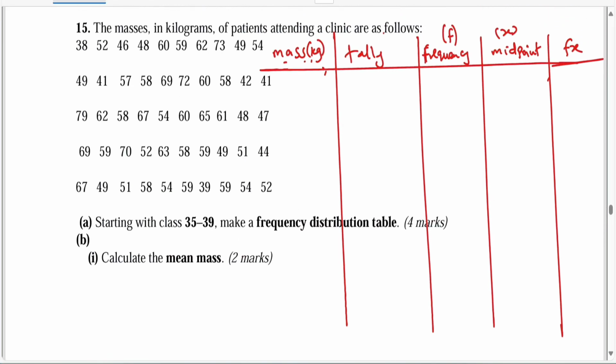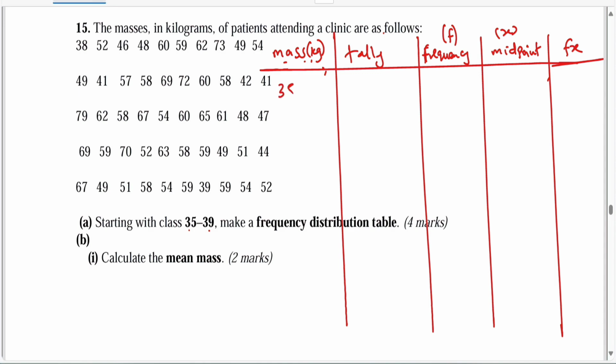When you're writing out the classes, remember to know the class width. From 35 to 39, the class width is 5. Counting, 35, 36, 37, 38, 39, those are 5 numbers. Don't do 39 minus 35. Either you do your upper boundary 39.5 minus your lower boundary 34.5, which is 5.